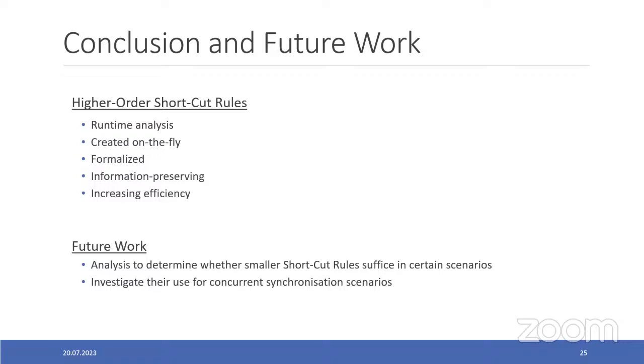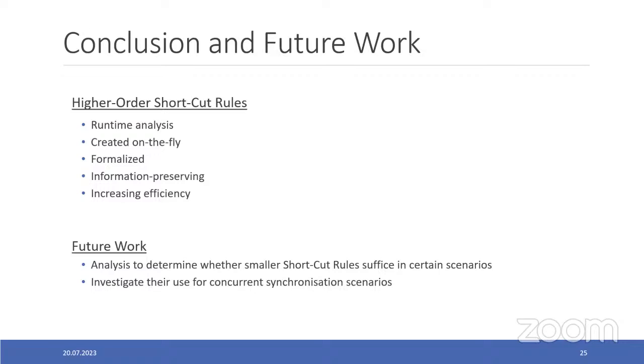Yeah, and that's also the only thing that's working. If you have concurrent synchronization and you have cases where changes are in conflict, then of course I'm not entirely sure how such a higher order rule would perform, because then you would have to encompass conflict resolution with this rule.